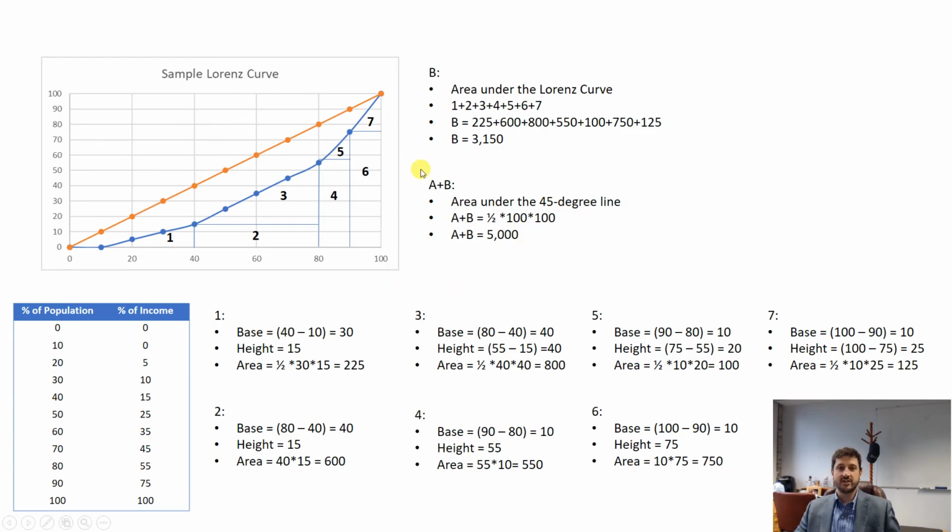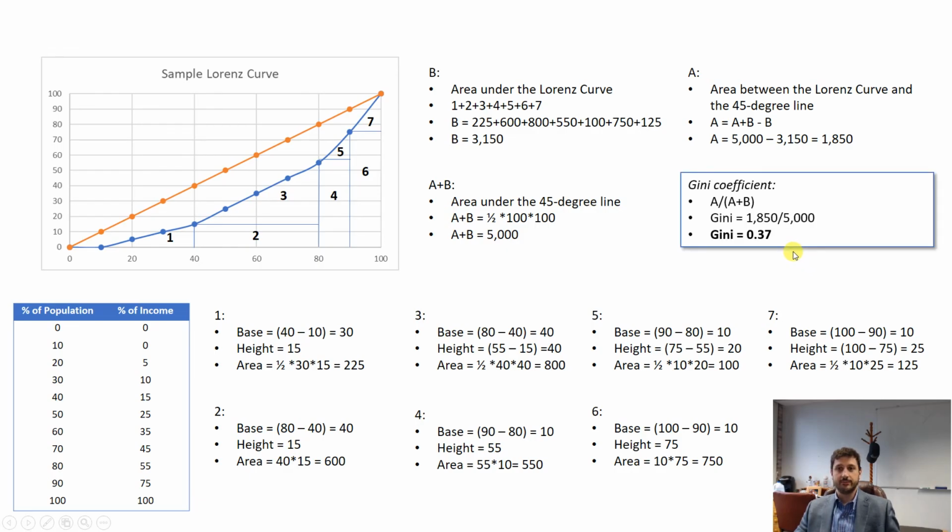So it's 1/2 times 100 times 100, which is 1/2 times 10,000, or 5,000. So now we have B, and we have A plus B, so we can find A. A is just A plus B minus B, or 5,000 minus 3,150, which is equal to 1,850. And then the Gini coefficient is A divided by A plus B. So the Gini in this case is 1,850 divided by 5,000, or 0.37.